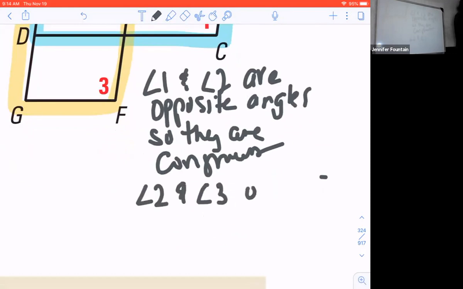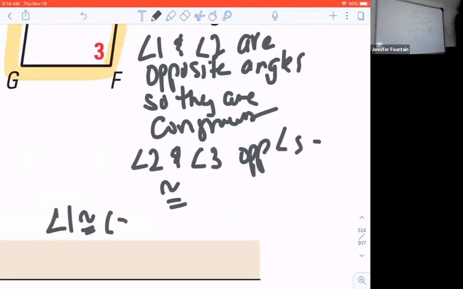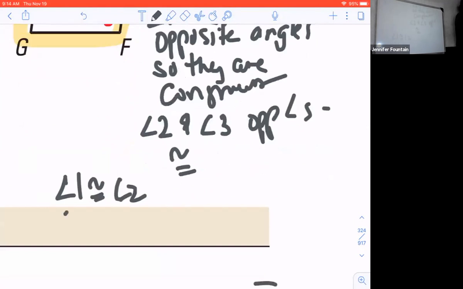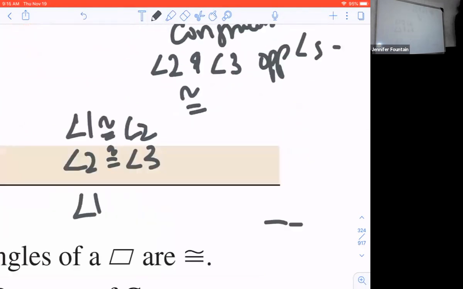Okay, same thing. They're opposite angles, so they're going to be congruent. So that means that angle 1 is congruent to angle 2. Angle 2 is congruent to angle 3. So what does that mean about angle 1? Well, how does that make angle 1 congruent to 3? What did you say, Houston?